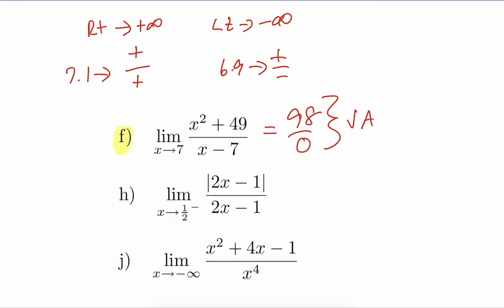So if you're just asking what's happening at 7, one side's going up and one side's going down, this is a does not exist. If you do not specify a side, they would have to match, both positive infinity or both negative infinity. Does that make sense how that works?